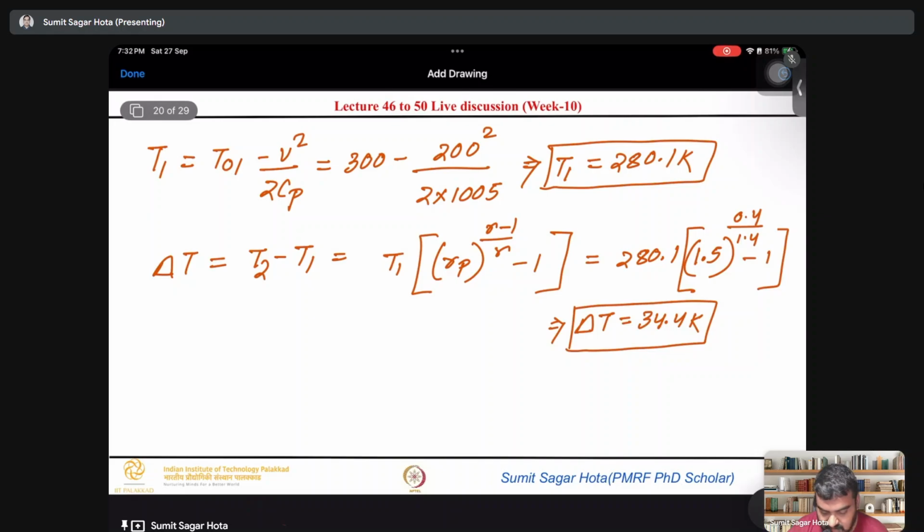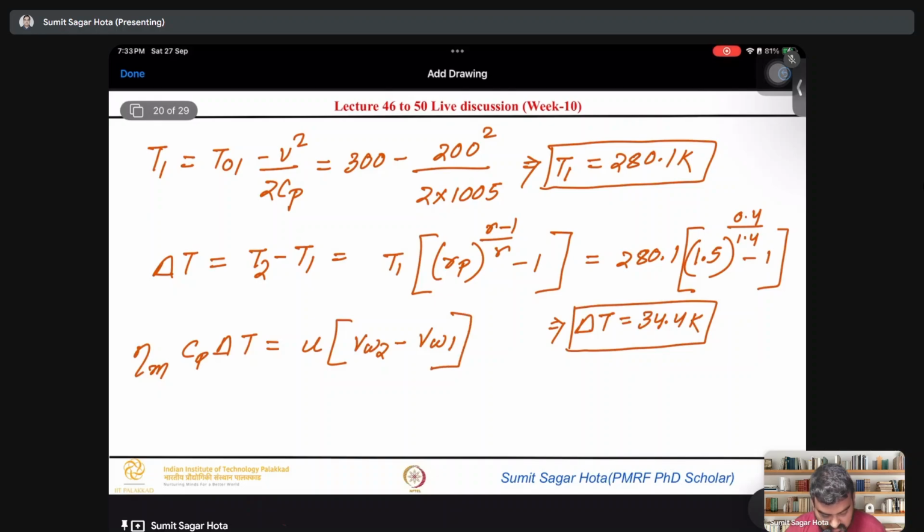Next we need to find out the VW2. Just use the relation: mechanical efficiency into Cp delta T is equal to U into (VW2 minus VW1).